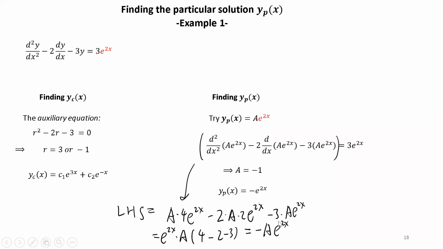So that means I made a mistake here. A is actually not minus 1, right? So minus 3. Right, so a is minus 3, not minus 1. So then my particular solution is minus 3 e to the 2x.